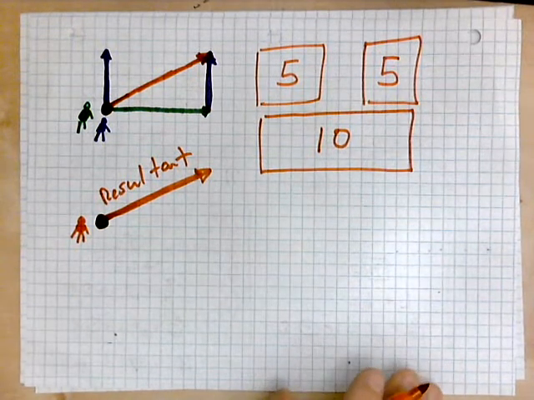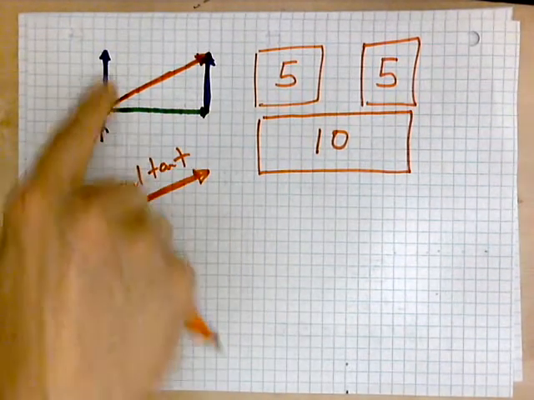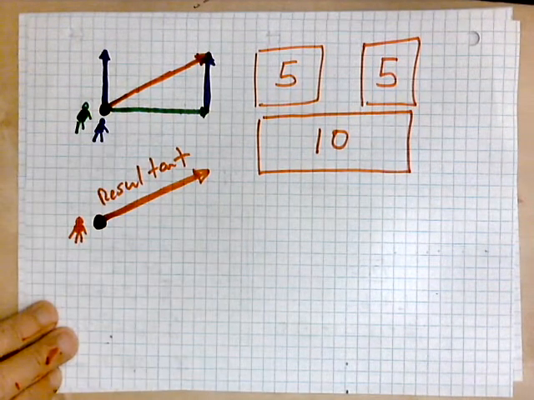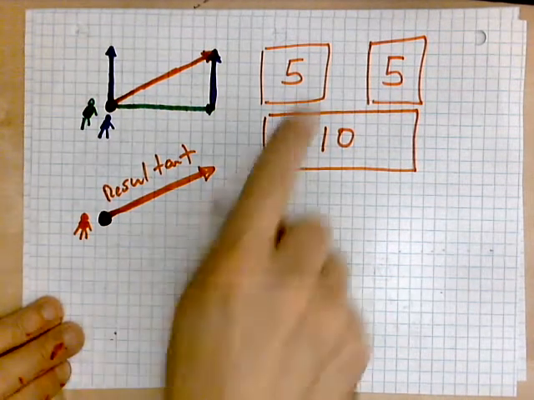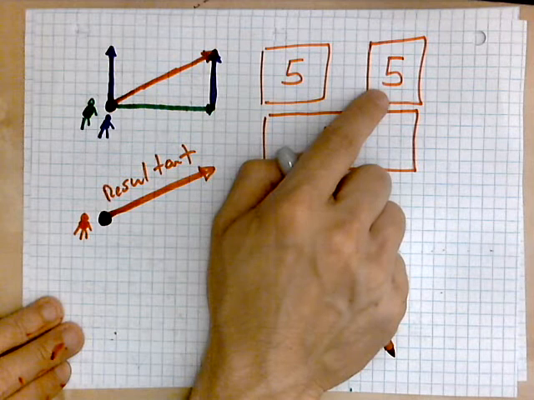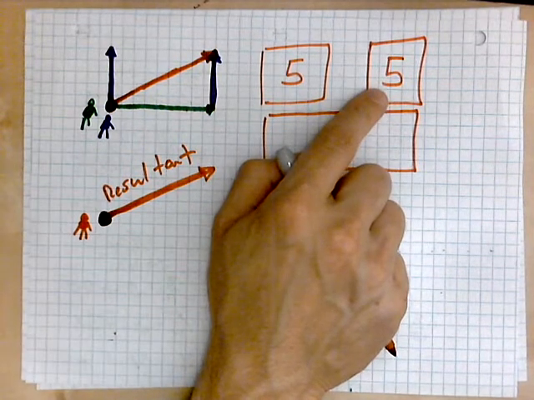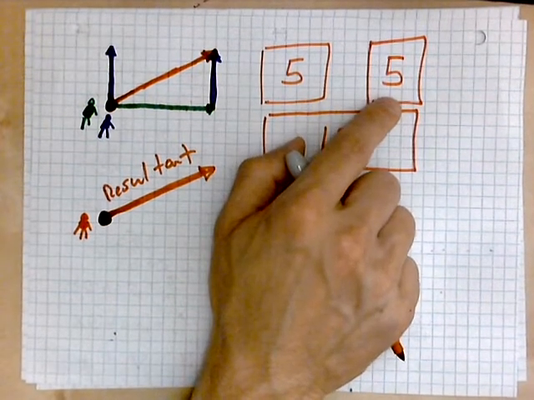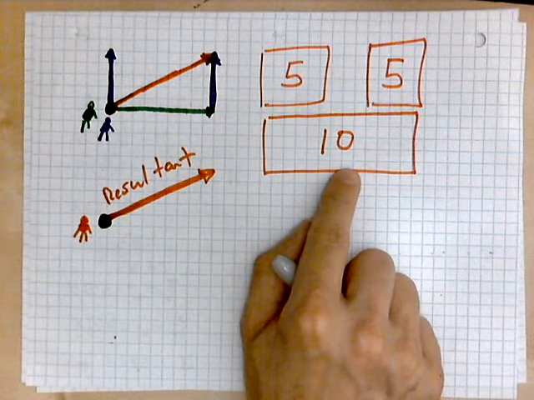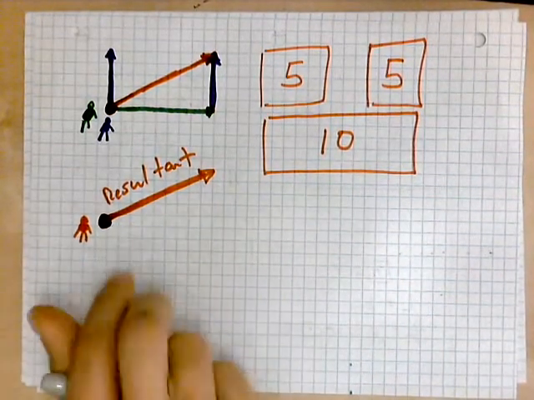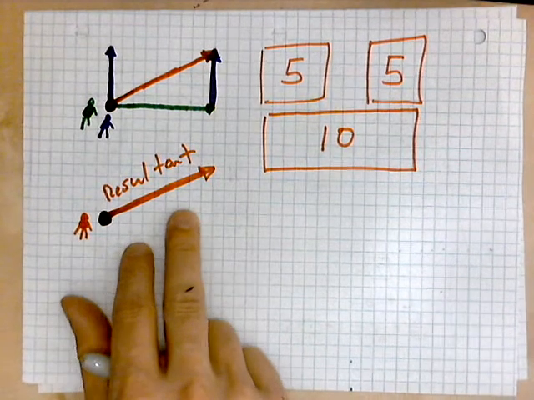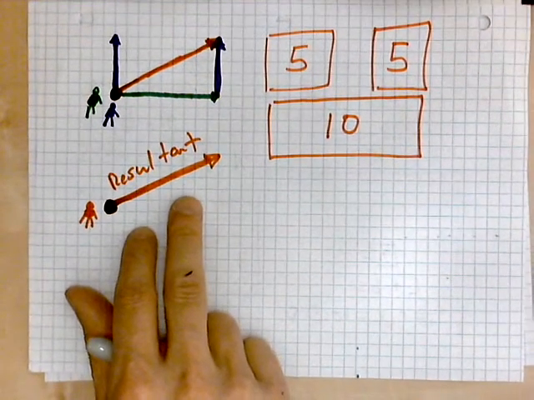It's exactly the same concept. You don't want to deal with two forces, so you replace them with one equivalent force that accomplishes the same thing. If you go to a store and you're buying something, $5 once, $5 again, that's the same as just handing $10 over. Same thing applies here. Two forces are replaced with one force. The name of this force is the resultant.